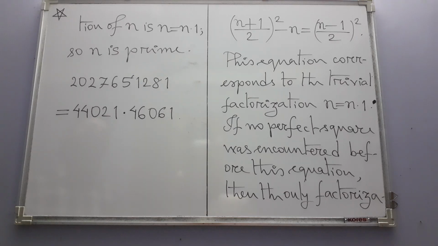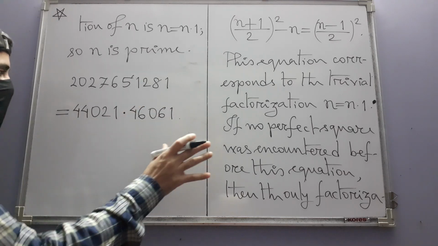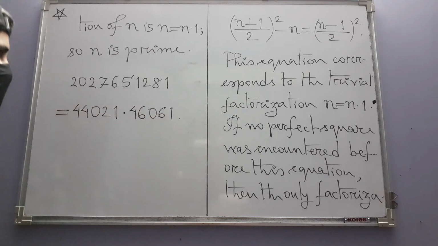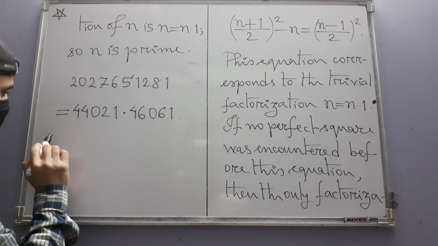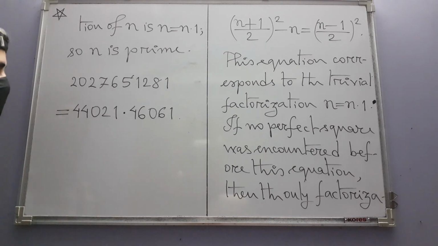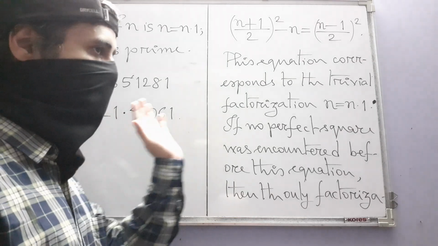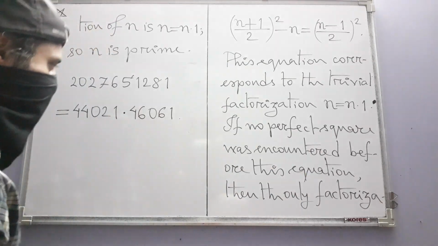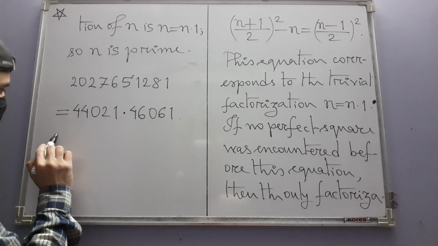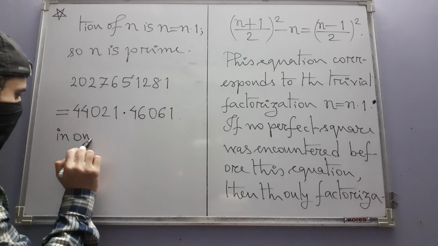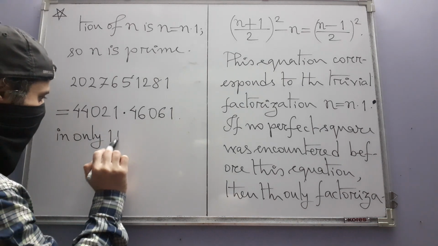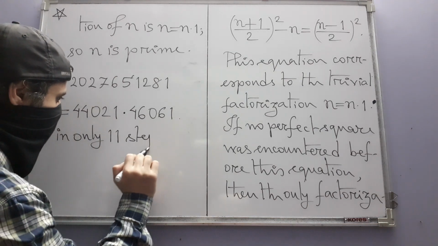Okay, and Fermat applied his method to find this factorization, and to do so, he had to apply the method, meaning going through those numbers, x square minus n, in search for a perfect square in only 11 steps.